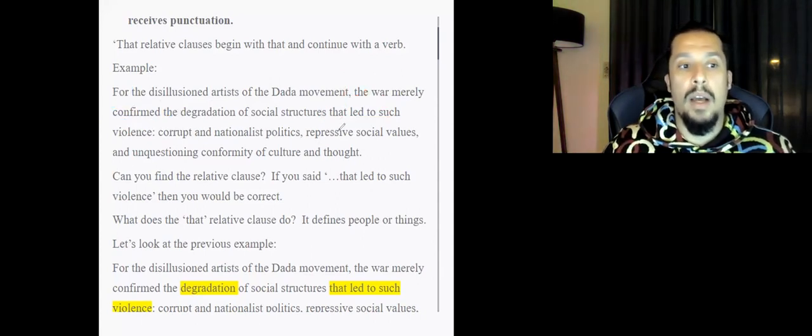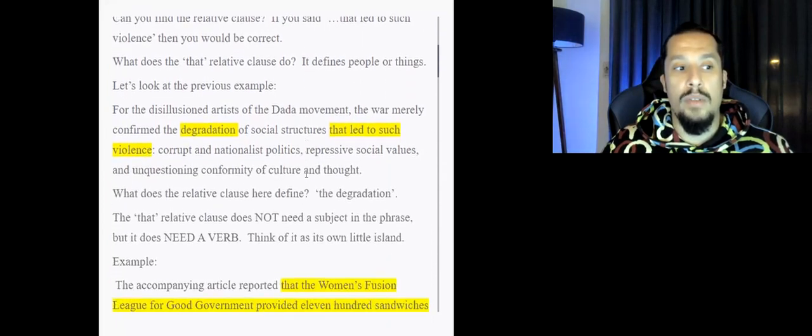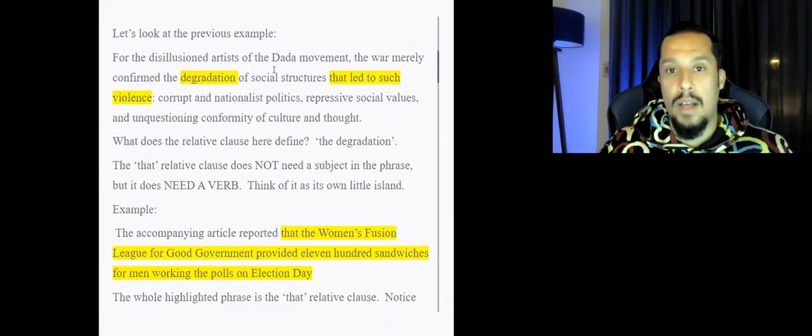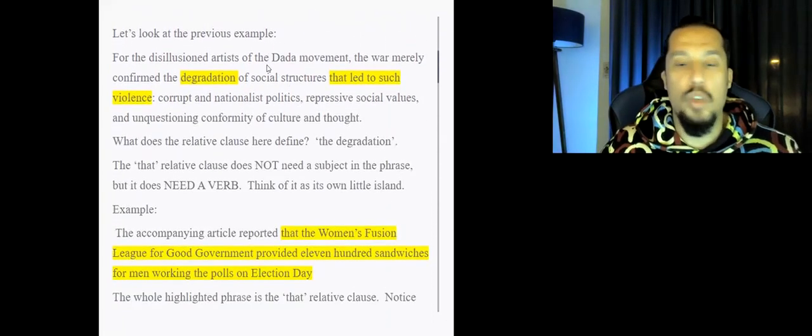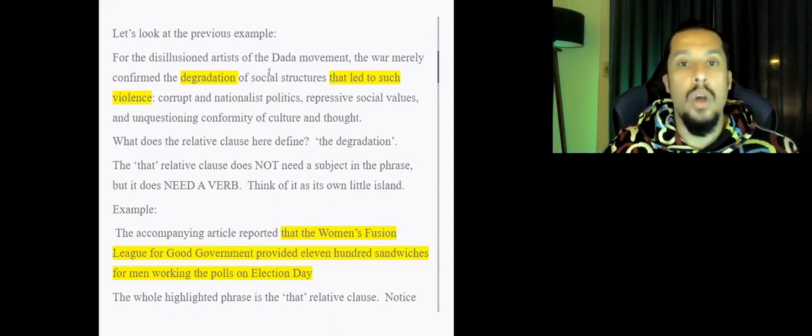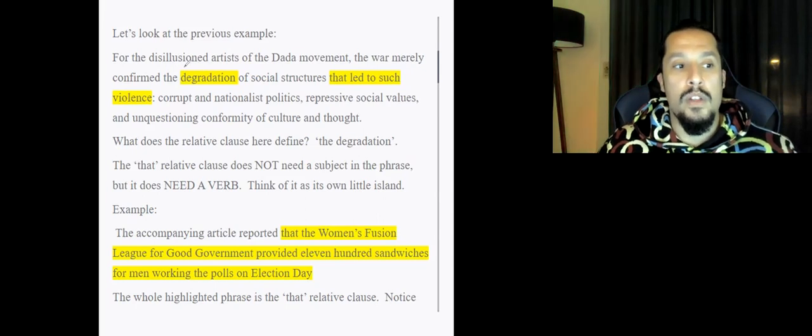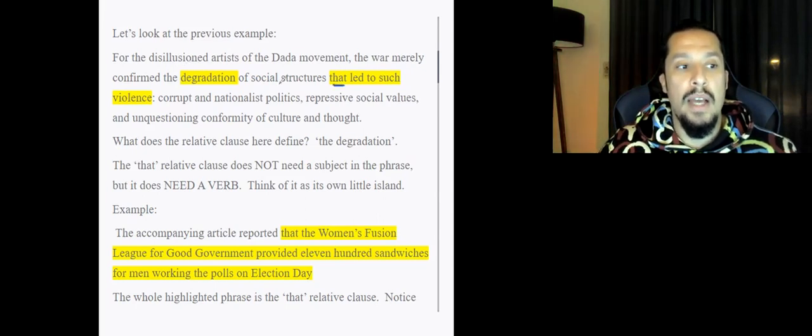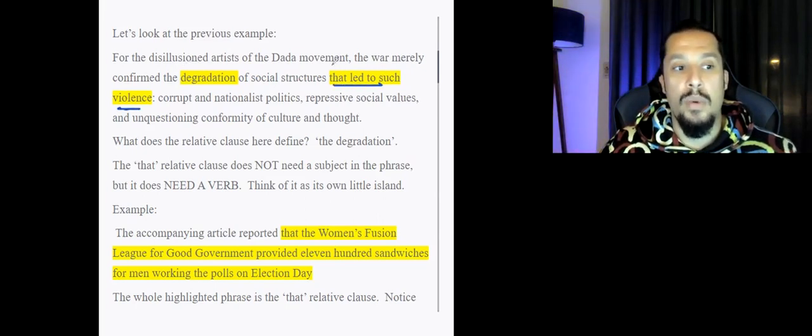So keep this in mind when you talk about that relative clause. And all of them, not only that but which and who, must come with a verb. So here that led to such violence, right? Like we said, this is a relative clause. You have your verb, you have your object. Mandatory. Look at another example, right?